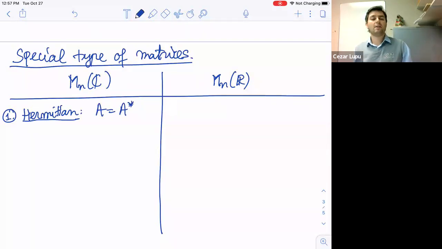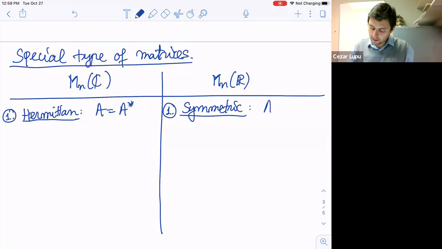And by the way, A star is the adjoint, the transpose conjugate. So you take the transpose of the matrix A, and you conjugate each element if it has complex entries. In the case of real entries, we don't need to conjugate anything, and we'll call this symmetric, when A is the same as A transpose.